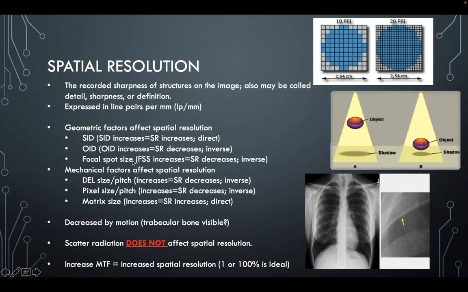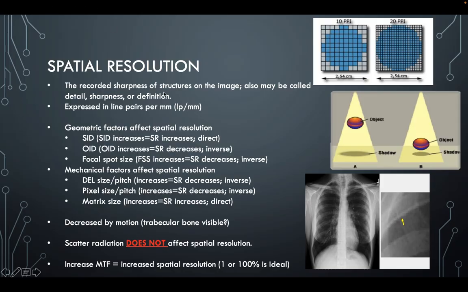Focal spot size. So as focal spot size increases, so we have a small focal spot, we have a large focal spot. And this relates to the line focus principle. So if I have a smaller focal spot, I am going to increase my spatial resolution. So as focal spot size decreases, I increase spatial resolution.